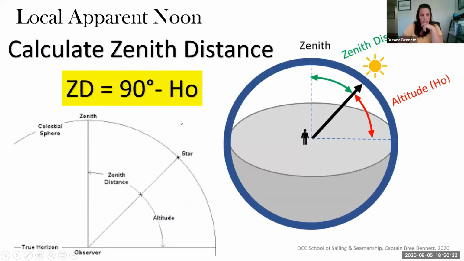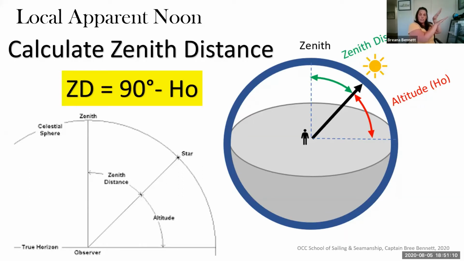Okay, let me go to this one first. So step 1 in that step 3 is to calculate your zenith distance. This was kind of at the beginning, how our sun goes high, high, high, and then low, low, low. The red section, from the horizon to where the sun is, the height of the sun, is the altitude.